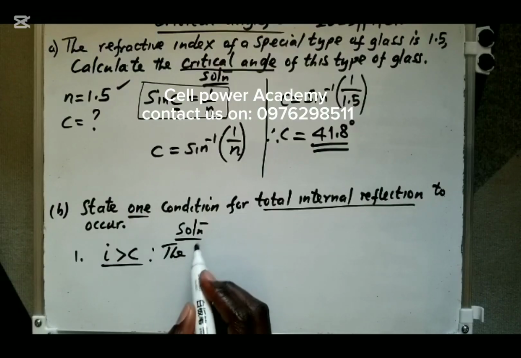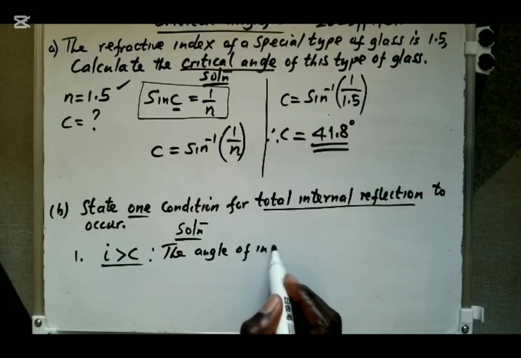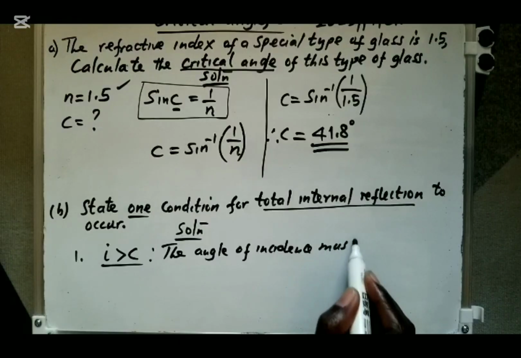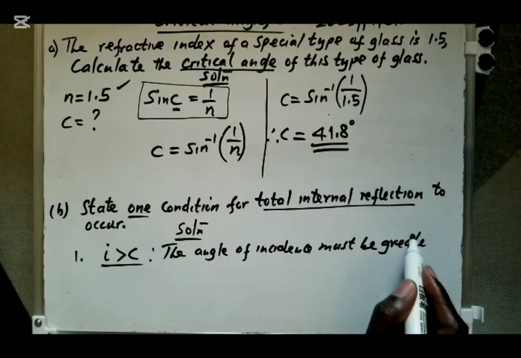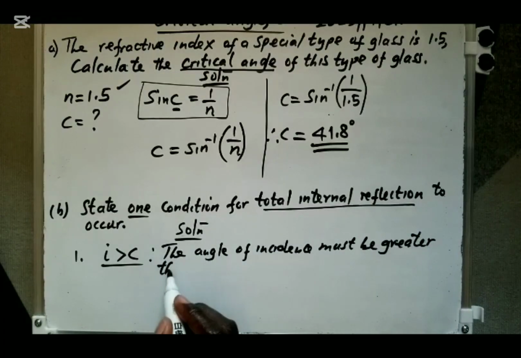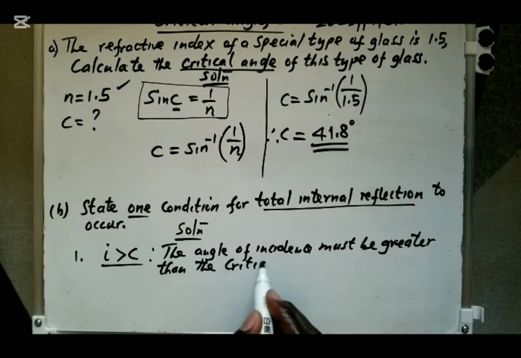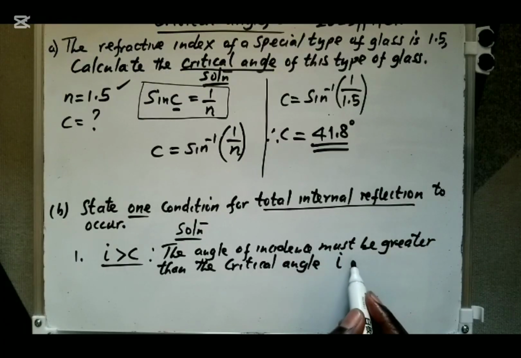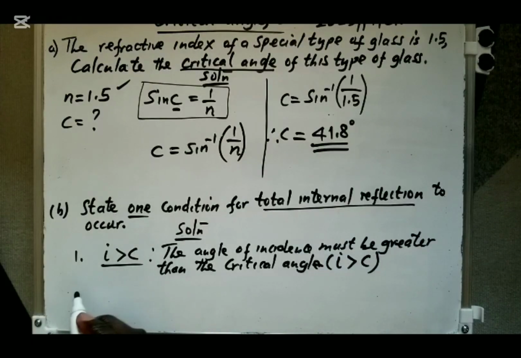So we can write and simply say the angle of incidence must be greater than the critical angle. That's what I said. The angle of incidence should be greater than the critical angle. That's one of the conditions.